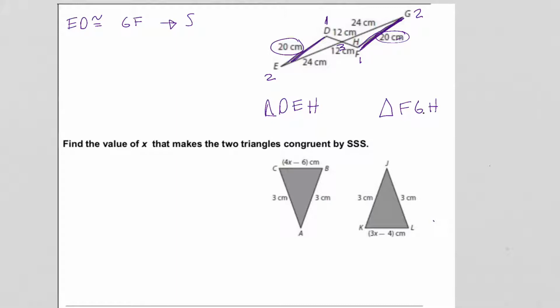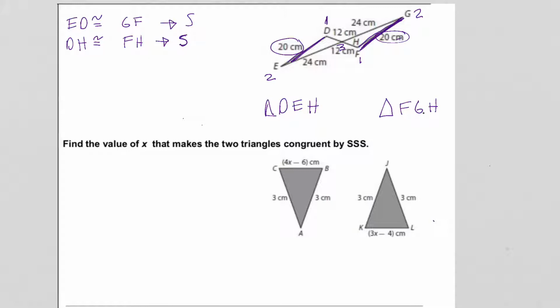And now let's take a look at DH. DH corresponds with FH. And it appears that they are both 12. So they are definitely congruent. We have our second side. That's not a 5, that's an S. Side, side.